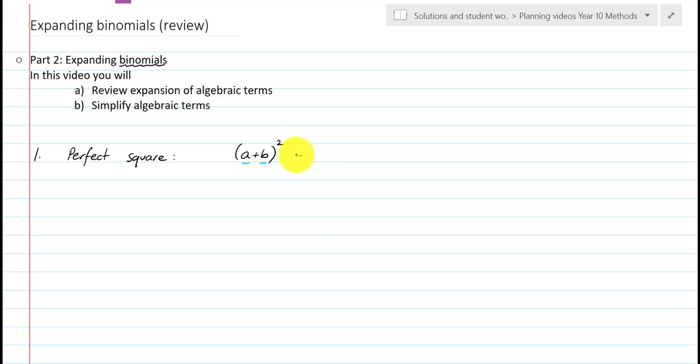So the perfect square expansion looks like this. (a + b) times (a + b), and the distributive law allows us to take this first bracket and break it up into a times (a + b) plus b times (a + b). So each term in that first bracket is multiplied by the second bracket. And now we can expand each bracket separately.